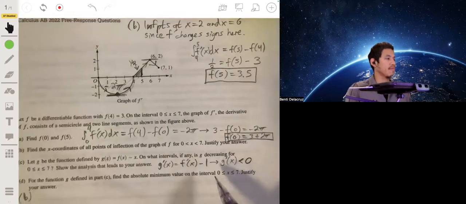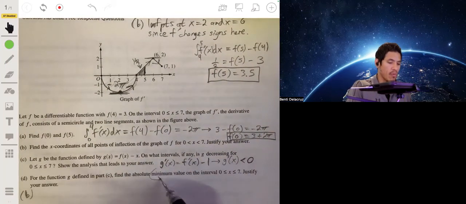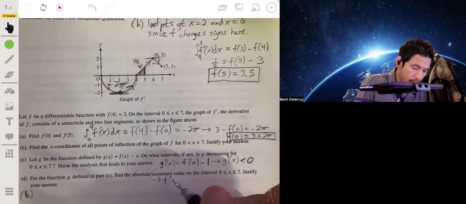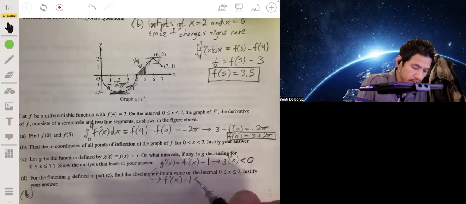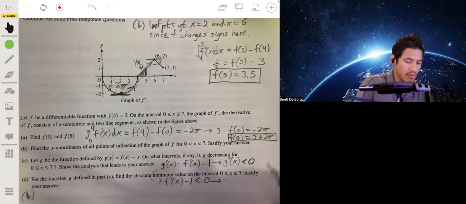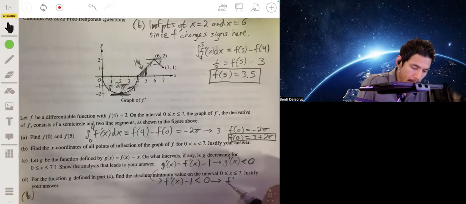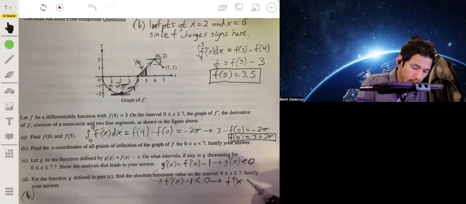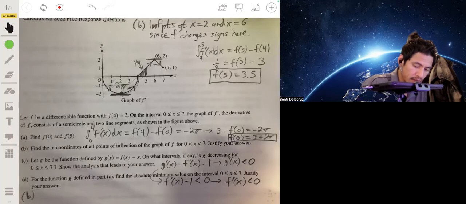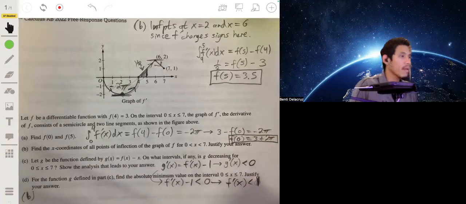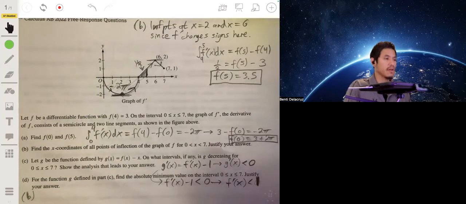In other words, where f prime of x minus 1 is less than 0, or furthermore, where f prime of x is less than 1. Not 0, less than 1. That's a very interesting one.